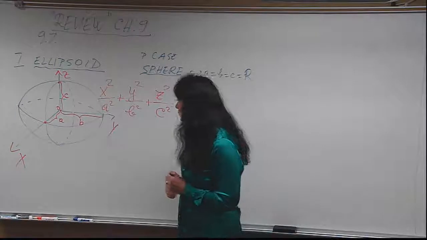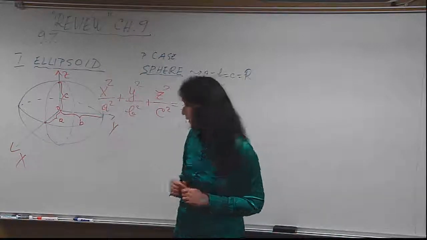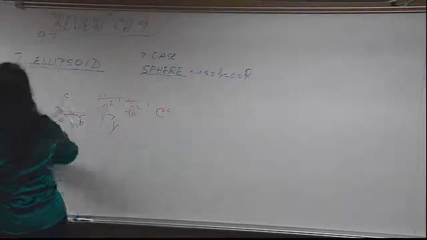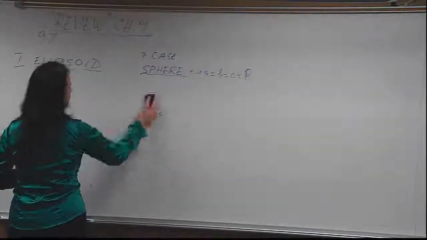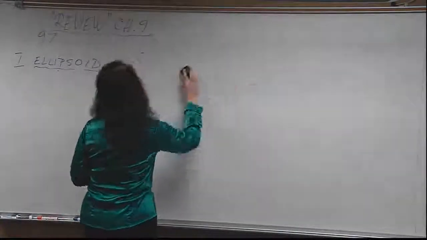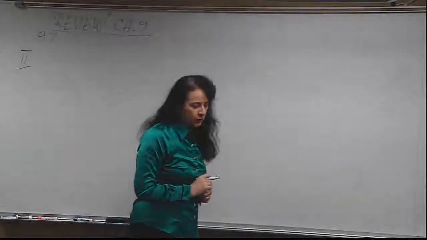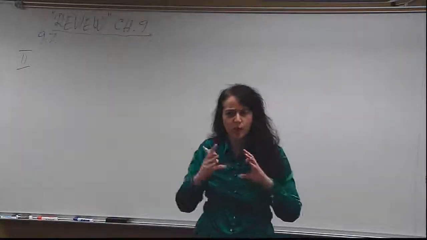And I'm going to move on to something else, which we may have in part discussed last time, but not so much: hyperboloids. You say, oh my God, hyperboloid, that sounds like a mouthful.